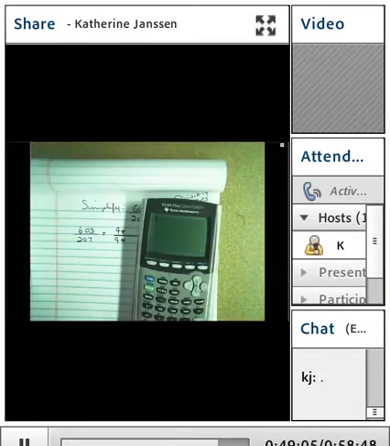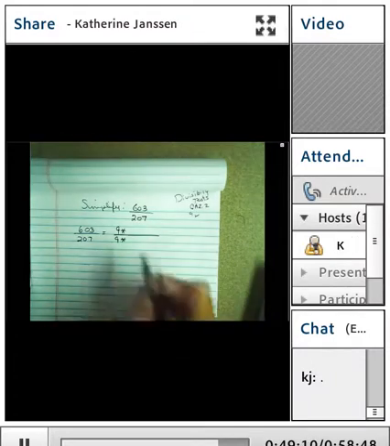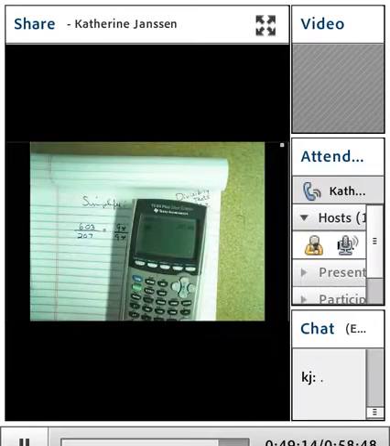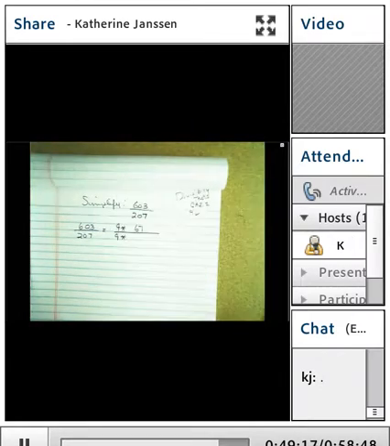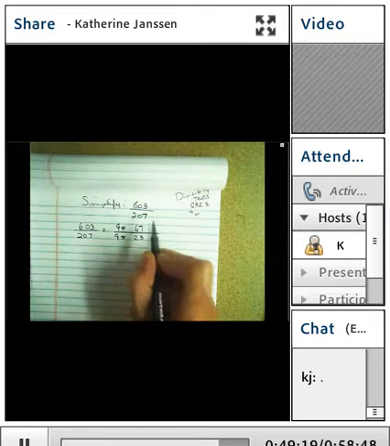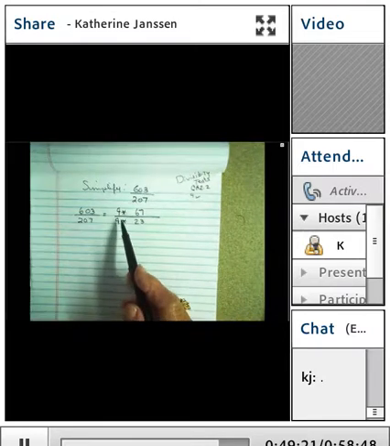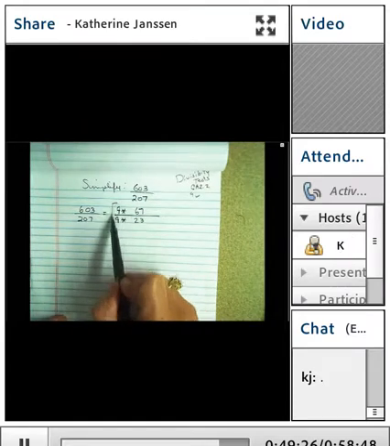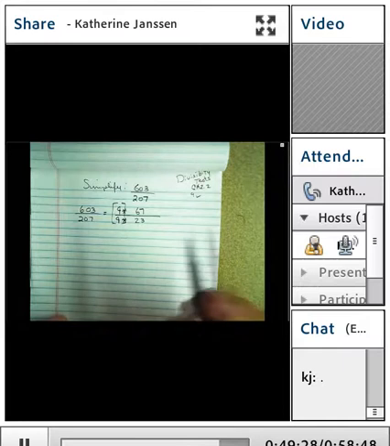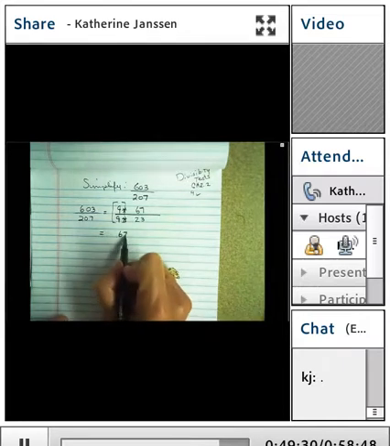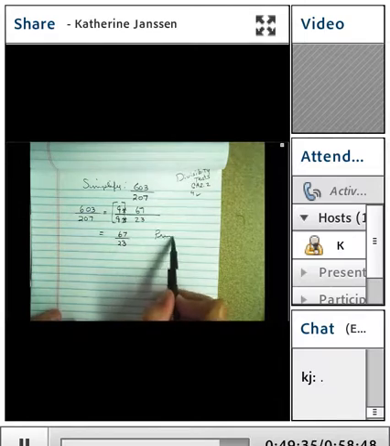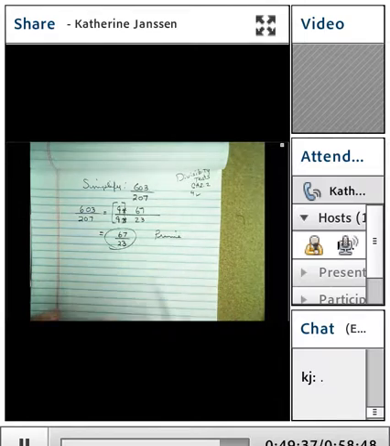So 603 divided by 9 is 67. 9 times 67 is 603, and 207 divided by 9 is 23. It's all multiplication, and I have a factor of 9 over 9, which is another name for 1. So what's left? 67 over 23. And both are prime, so it cannot be simplified any further.